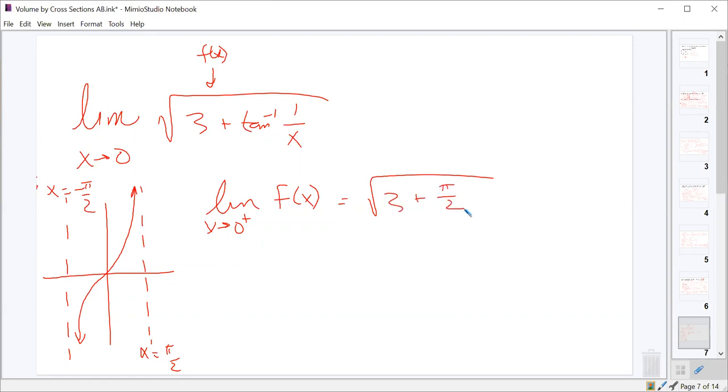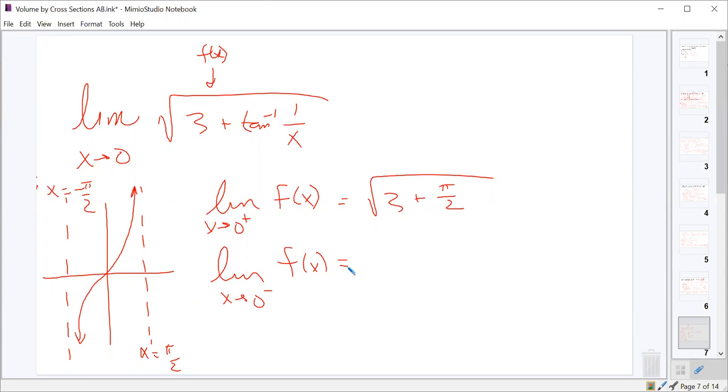Okay. But if I look at the limit as x approaches 0 from the left of this function, now we think about the inverse tangent of, well, if we're approaching 0 from the left, that's a negative number. So 1 over a very, very small negative number is a very large negative number, which makes this the inverse tangent of negative infinity.